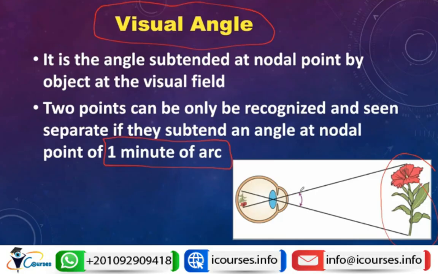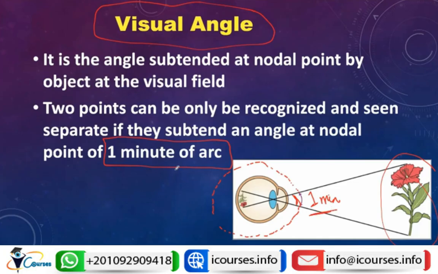So what is the 1 minute of arc? If we continue this arc like this, eventually it will be 360 degrees. This amount is called 1 minute of arc. So it is just a smaller measure of the angle of vision at the nodal point.